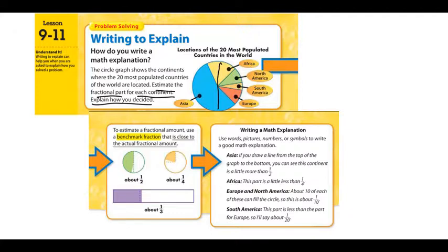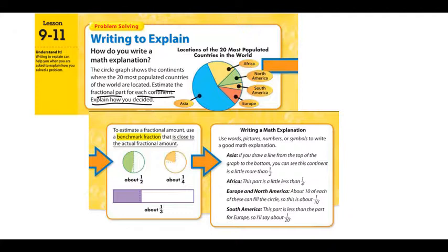You can see this continent is a little more than half. Or I suppose I could do it like this, where if the circle were turned on its side, it's not the best line there, but you can see it's about half. It's a little bit more than half, and they mention that.